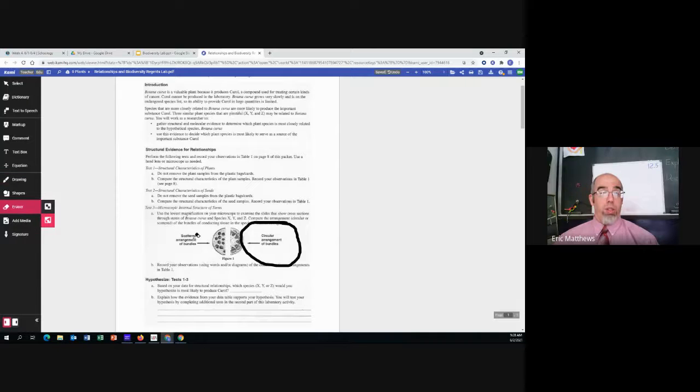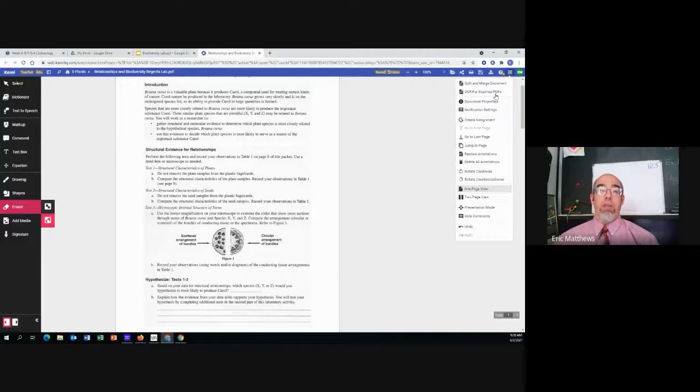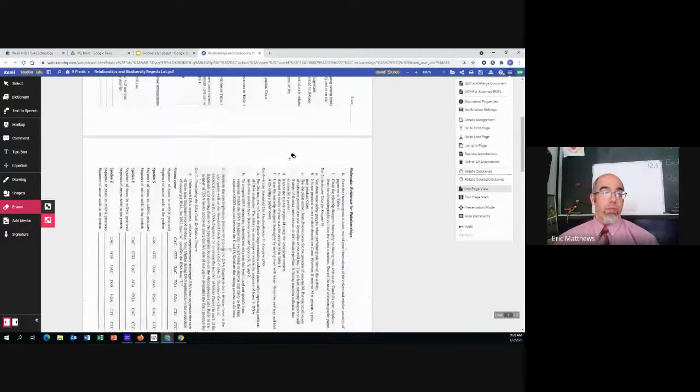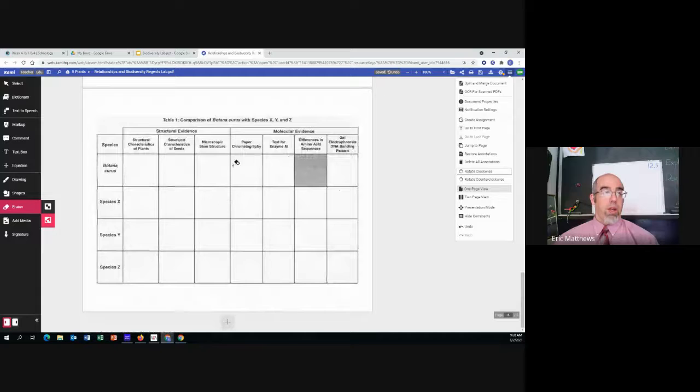Scattered or circular. So when we get back down to this data table, for the stem structure, you just say scattered or circular, depending on where those dark clumps are. Those are the blood vessels, effectively, of the plant. And that's going to be our physical side of it.